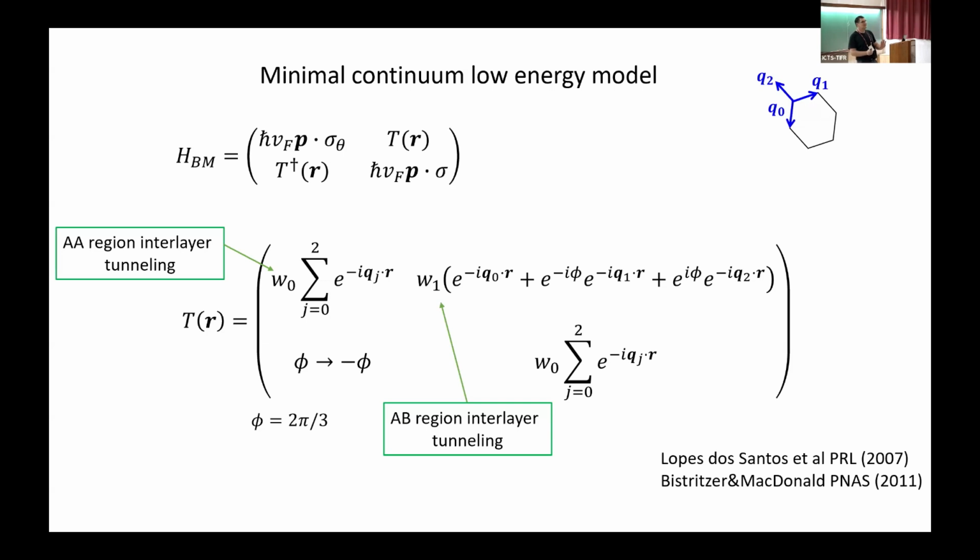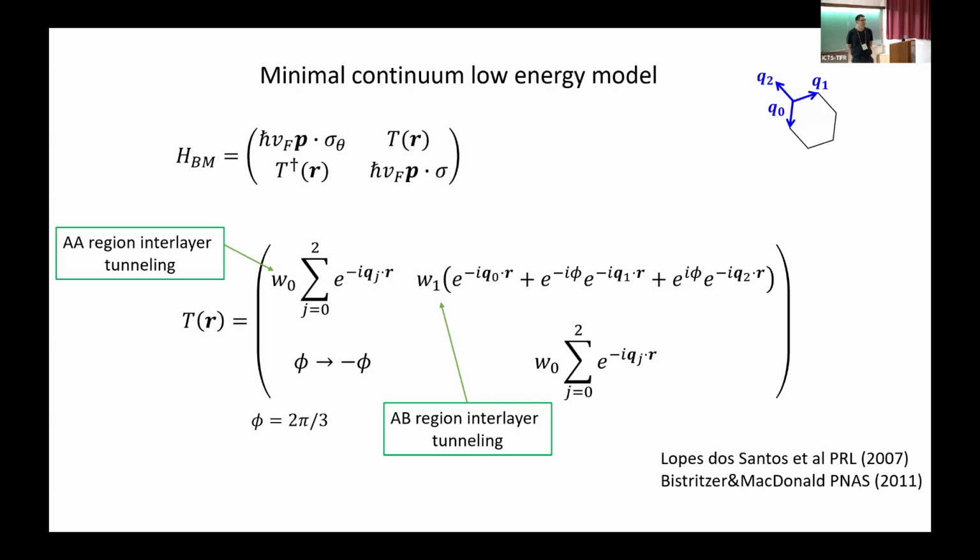And at least one of the effects of that, not the only effect, but one of those effects, is to make the interlayer tunneling through the AA region smaller than the interlayer tunneling through the AB region by about 70%. So this would be about 70% of W1. Okay?